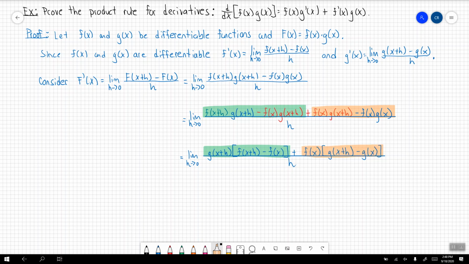Awesome. Okay, so now taking the limit here would be quite nice, but I'm going to do this step by step. I'm not going to take the limit just yet.